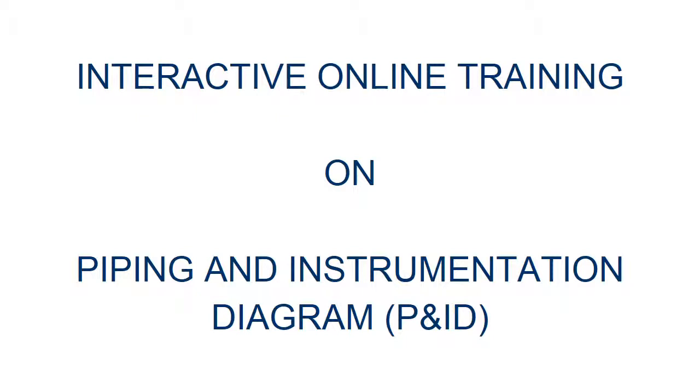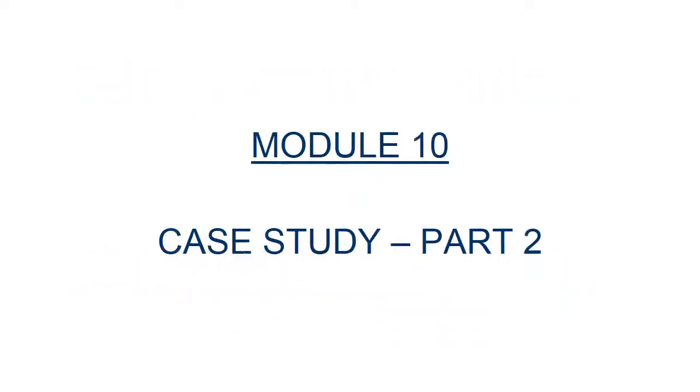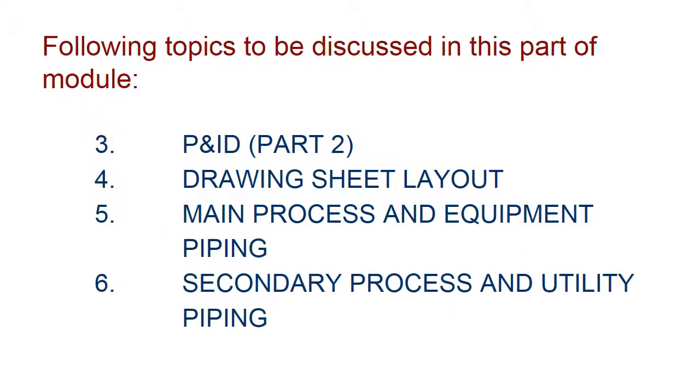Interactive online training on piping and instrumentation diagram. Module 10. Case Study Part 2. The following topics will be discussed in this part of Module 3, P&ID Part 2: 4.